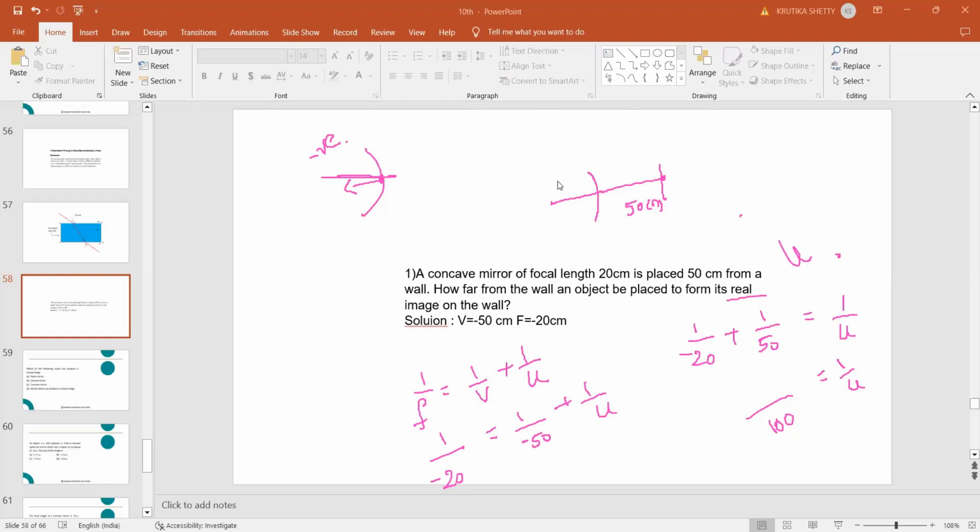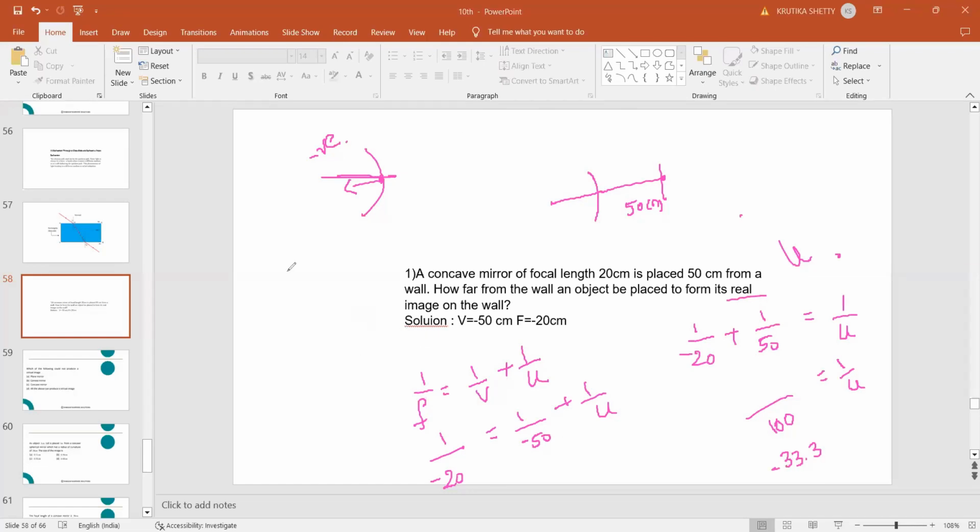If you simplify, you will get the value as 33.3. That way you will get a minus answer. So minus 33.3 you will get.